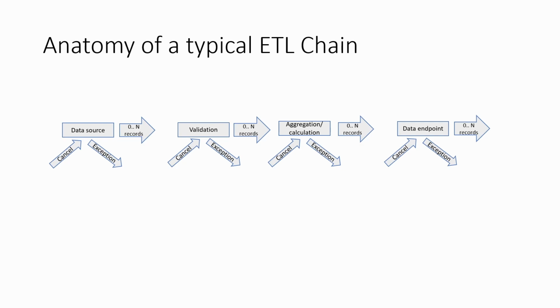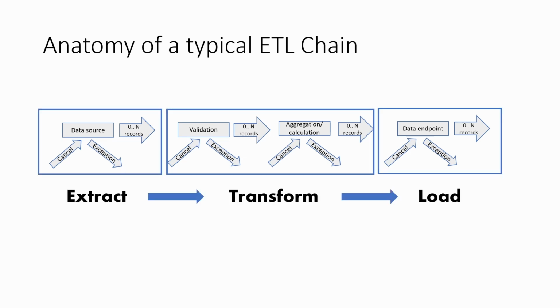Finally, we want to put it into, for example, an API using our built-in API gateway. Now at any point in this step, you can note that you can have cancellations and exceptions to abort. So if you round it up, you see that you have your extract, transform, load.